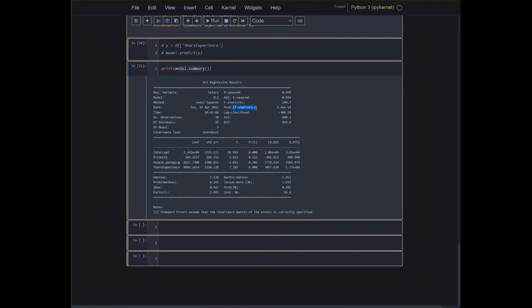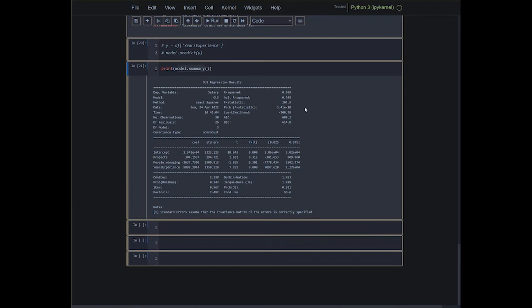If it is less than 0.05, we can say that there is at least one independent variable which is significantly related to the output. In our example, the p-value is less than 0.05, and therefore we can say that at least one variable from the independent data is related to the output variable, which is salary.